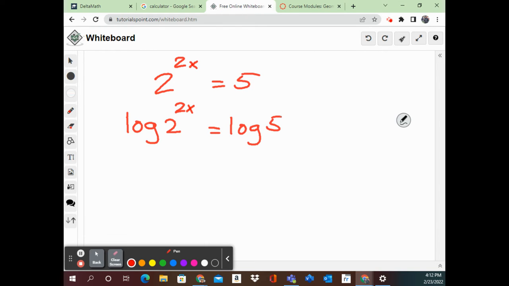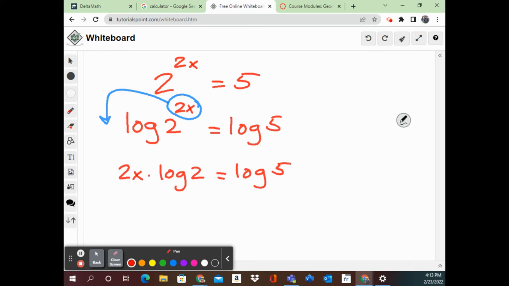This turns everything into numbers and gets rid of the exponents. I can take this 2x, my exponent, bring it to the front and multiply it by log of 2.